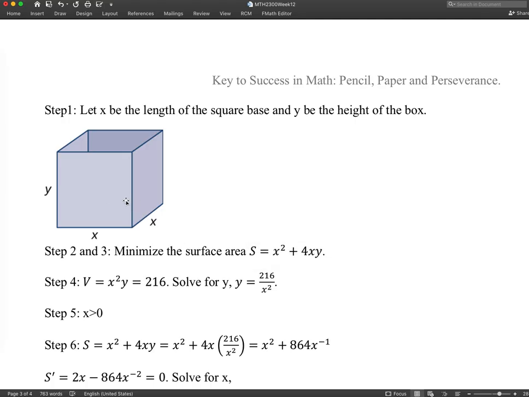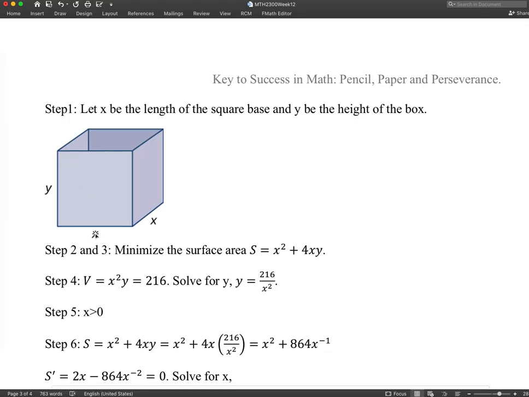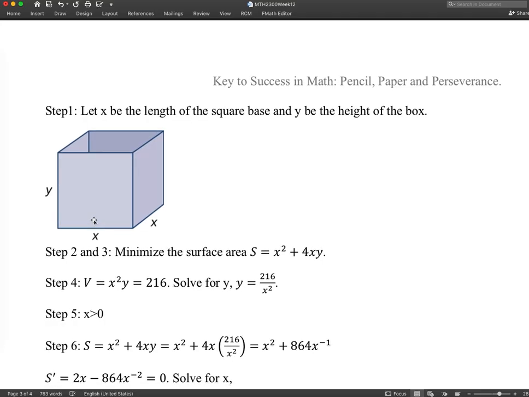And also along the four sides, because the base is a square, all four sides are the same. The area of one side is x times y, so all four sides, 4 times xy. Our goal this time is to minimize the surface area.